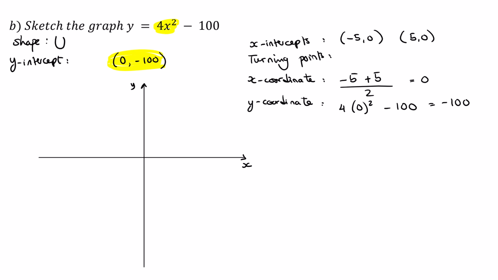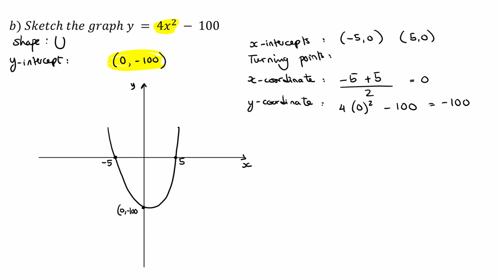Got minus 5 and 5, and it's going to be minus 100. So minus 5 and 5, and that is 0, minus 100, and that is the turning point.